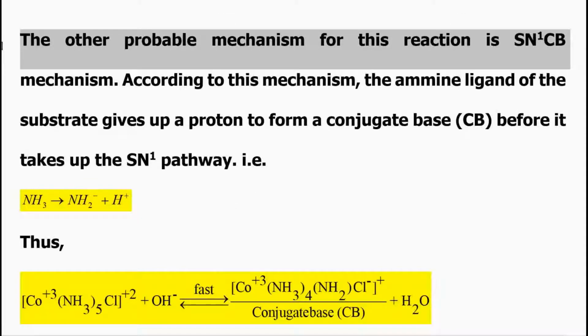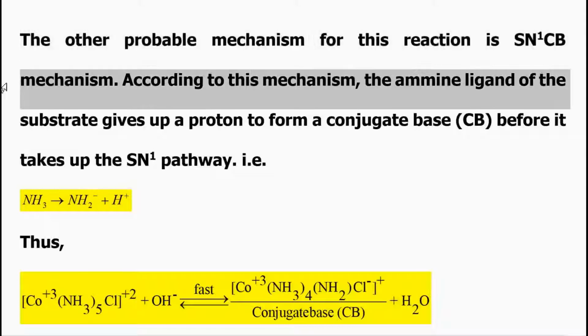In case of base hydrolysis, there is the possibility of yet another mechanism operating, and this mechanism is called the SN1CB mechanism. Here CB stands for conjugate base. According to this SN1CB mechanism, the amine ligand, the ammonia molecule in coordination chemistry, is called an ammine ligand.